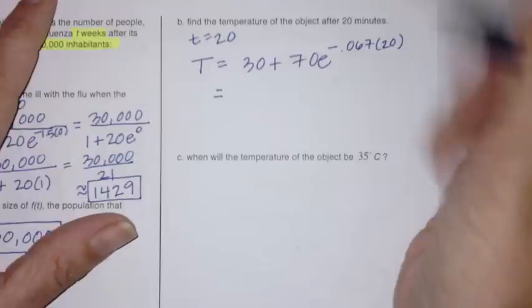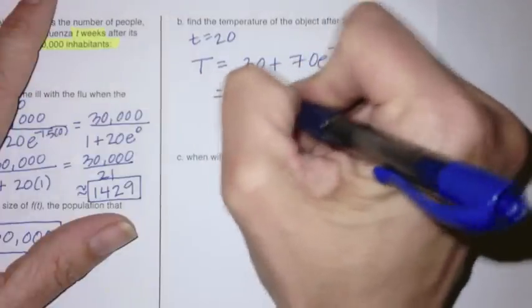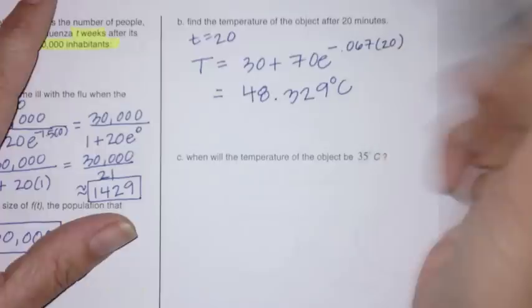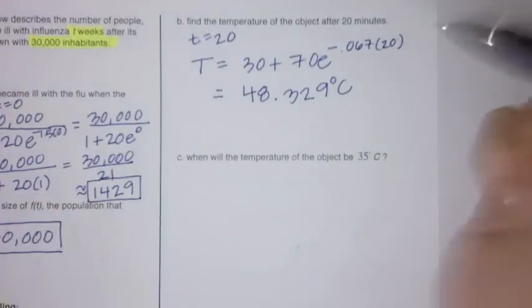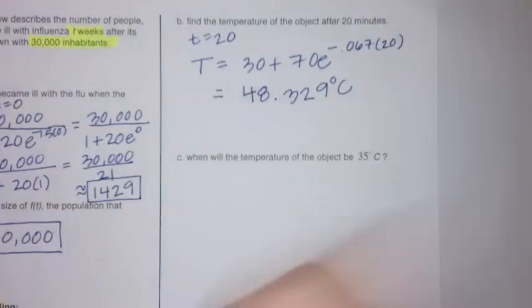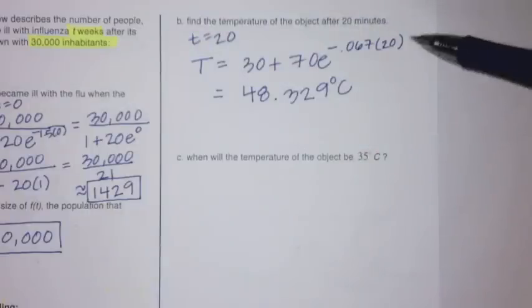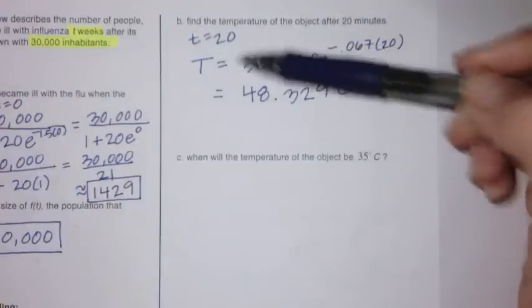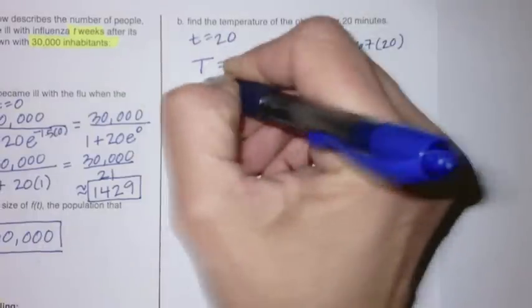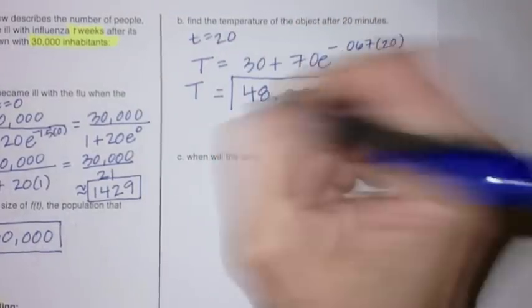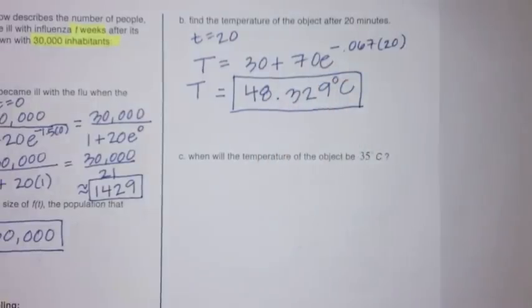All it requires is to plug into our calculator, and we would get 48.329 degrees Celsius, which to me makes sense because the first model was only after 5 minutes, and after 5 minutes it went from 100 to 80, and after 20 minutes it's down to 48, but you have to keep in mind that the temperature of the surrounding room is 30 degrees Celsius. So it's going to cool quickly.